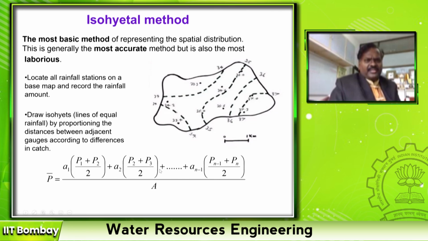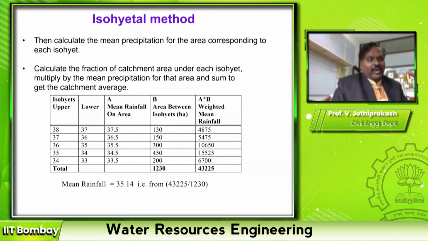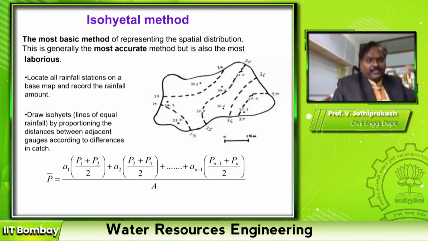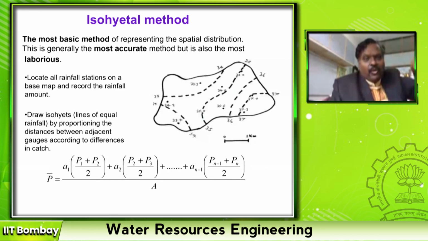Out of all these 3 methods, the isohyetal method is more accurate because it considers the variation, topography, everything. So this is converting rainfall from one time step to another time step, that is lumping in terms of time, and then estimating the average rainfall over the basin. This is called lumping the rainfall over space, right?